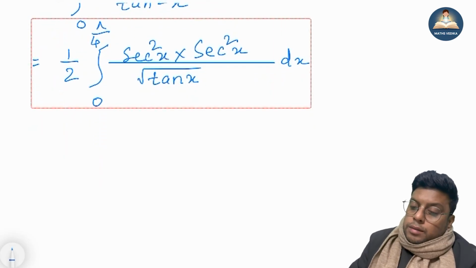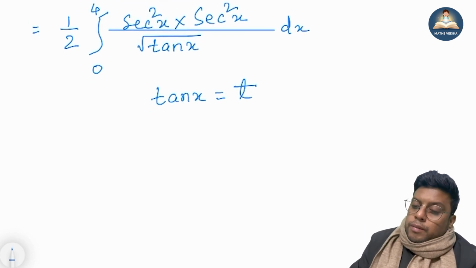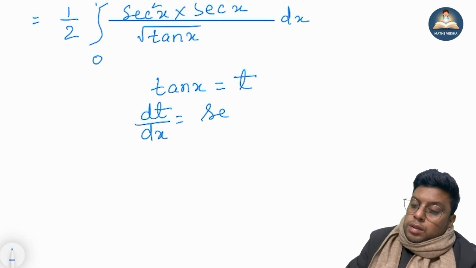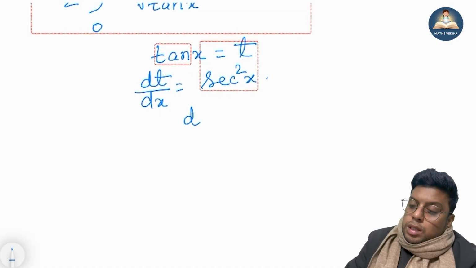Now let tan x be equal to t, then dt by dx is equal to sec square x. So dt is equal to sec square x dx.